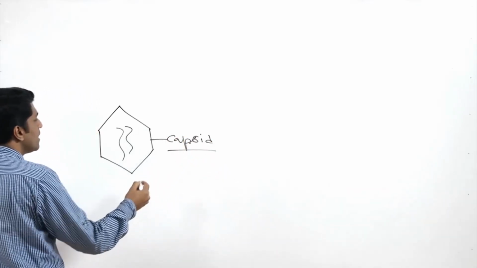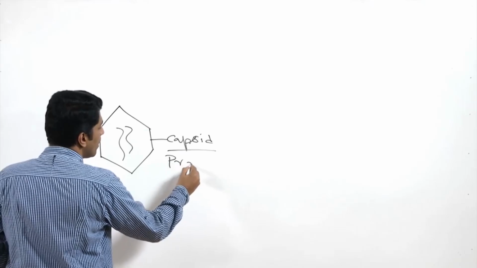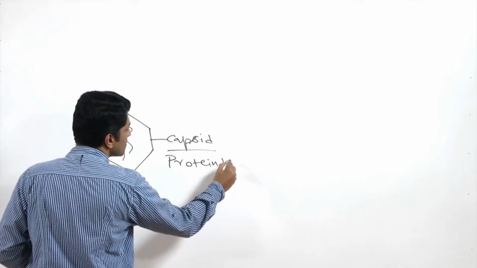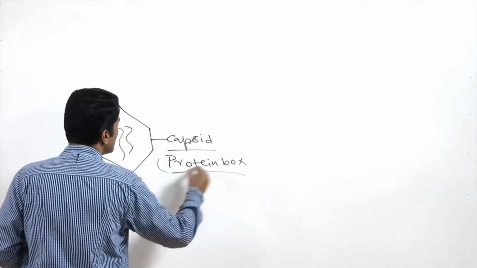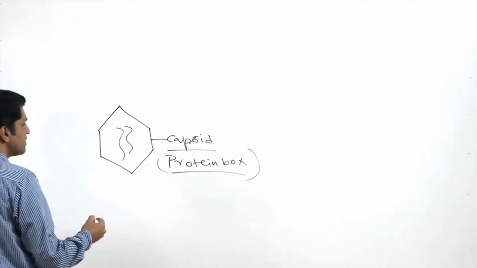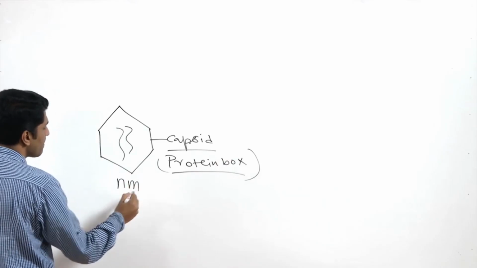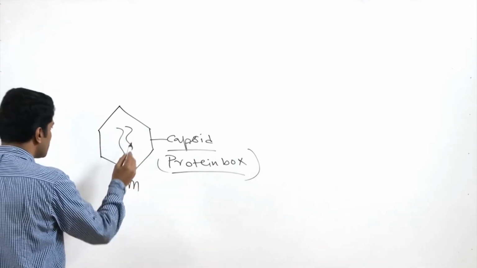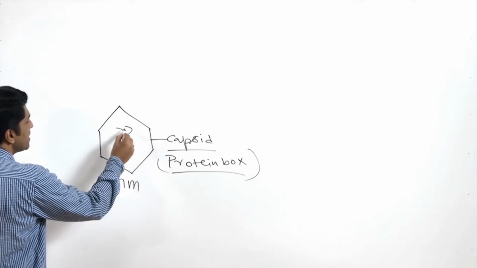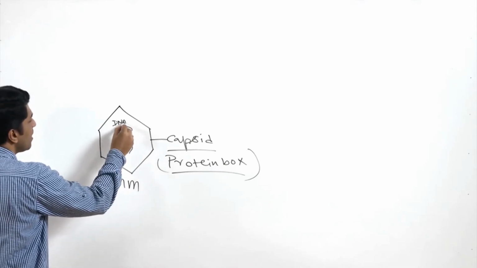You can simply call it a protein box. It is made up of protein, and as you know, the size of all viruses is in the range of nanometers, and the main important component of any virus is its genetic material, either DNA or RNA.